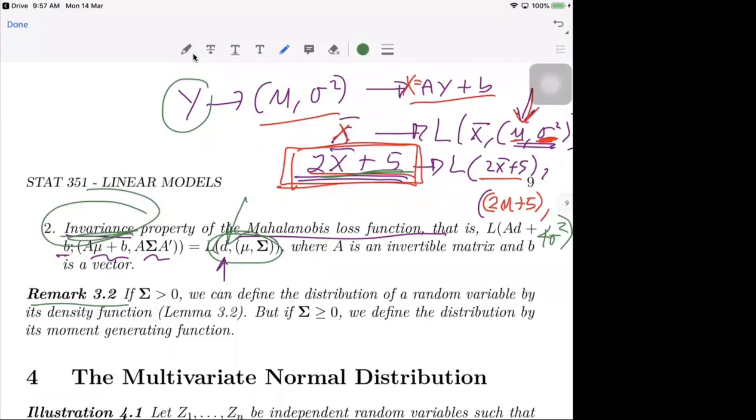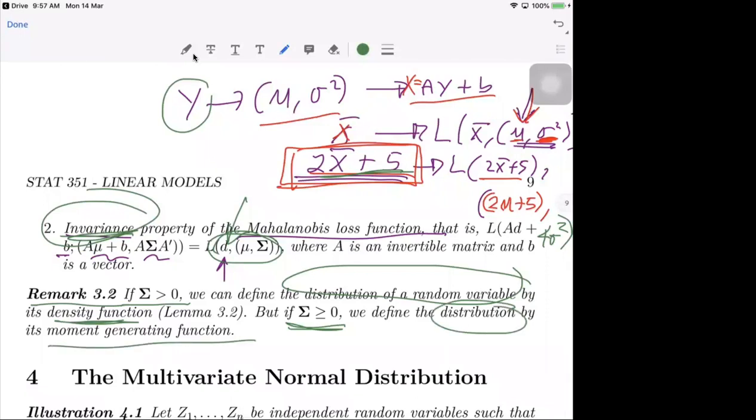And if your sigma is positive definite, then we can always define a distribution of the random variable by a density function. But if your covariance matrix is non-negative definite, what we can do is describe the distribution using the moment generating function.